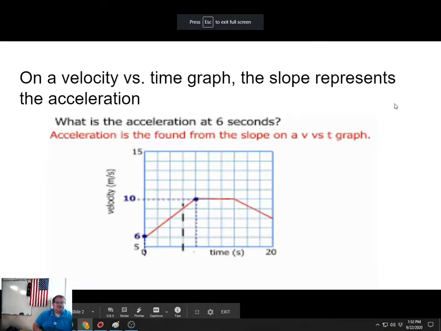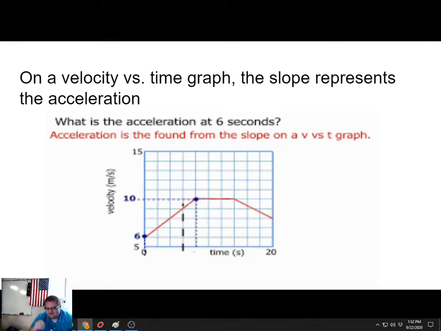And you can add that to your notes there. Last time we had a displacement versus time graph, and we discovered that the slope was velocity. Well, this time we've discovered on a velocity versus time graph, the slope is the acceleration.